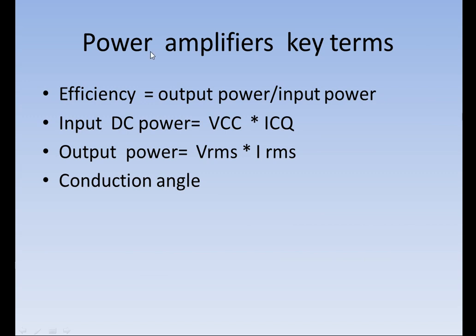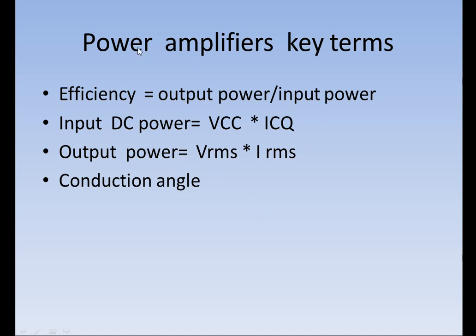Then the key terms, the specifications of power amplifiers. A good power amplifier is distinguished by two terms. One is the efficiency, how much it is converting. Next, the conduction angle. These two are related.